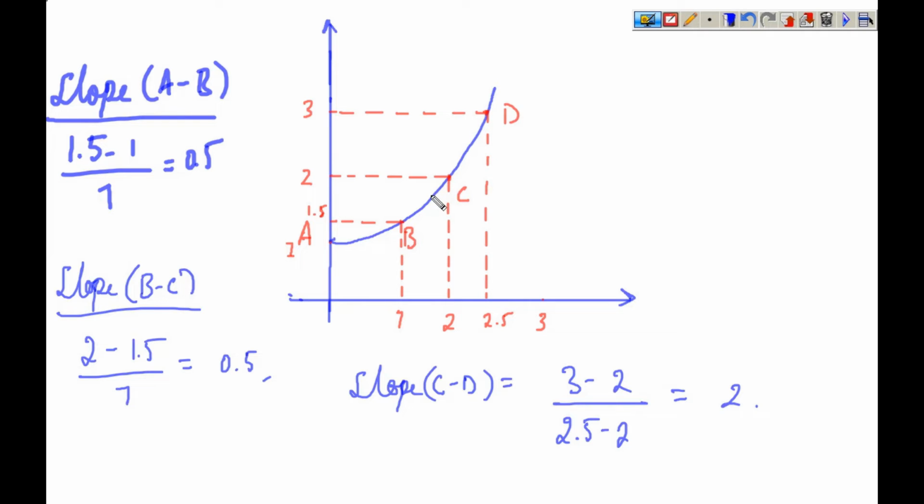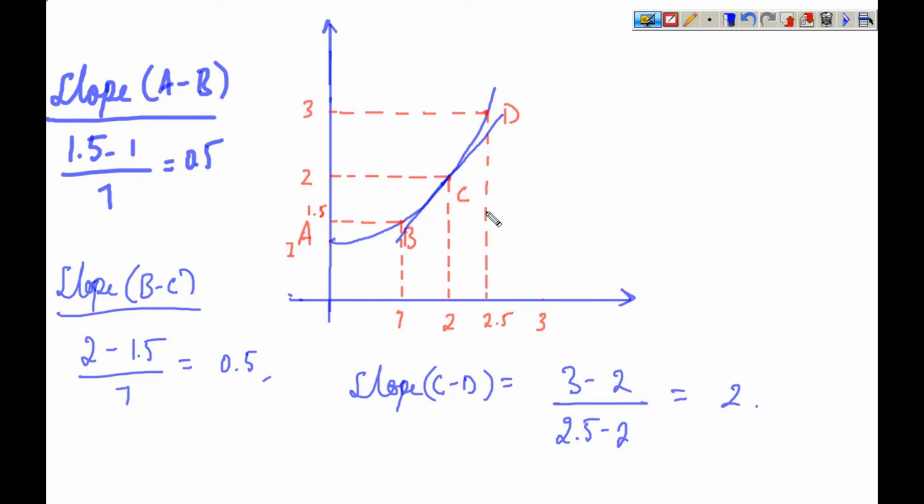So if I want to find the slope at point C, then I just draw a tangent like this.